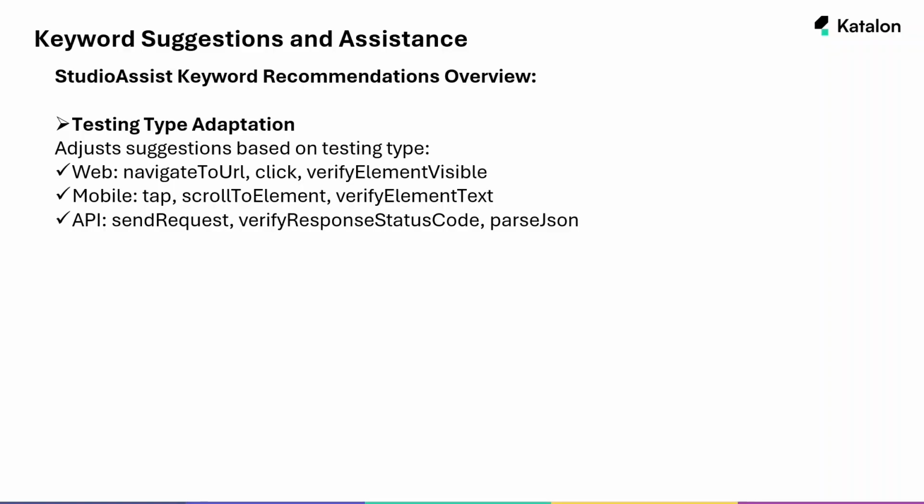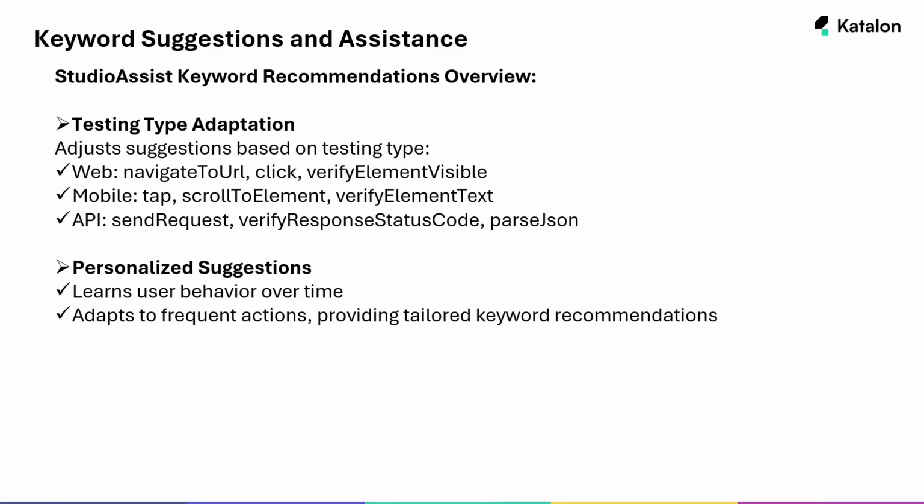If you are automating mobile test cases, then it suggests keywords like tap, scroll to element, verify element text, etc. And if you are automating API test cases, then it suggests keywords accordingly like send request, verify response status code, parse JSON. Personalized suggestions. StudioAssist learns user behavior over time and adapts to frequent actions, providing tailored keyword recommendations.